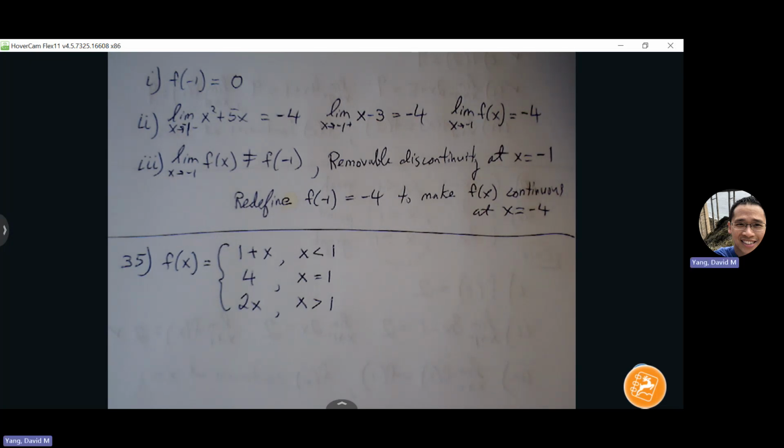Even if you're able to categorize it correctly, I'm looking for your notations. So I want you to practice writing out all these notations. On the test, I'm looking for notations as much as I'm looking for the conclusion that you're reaching.